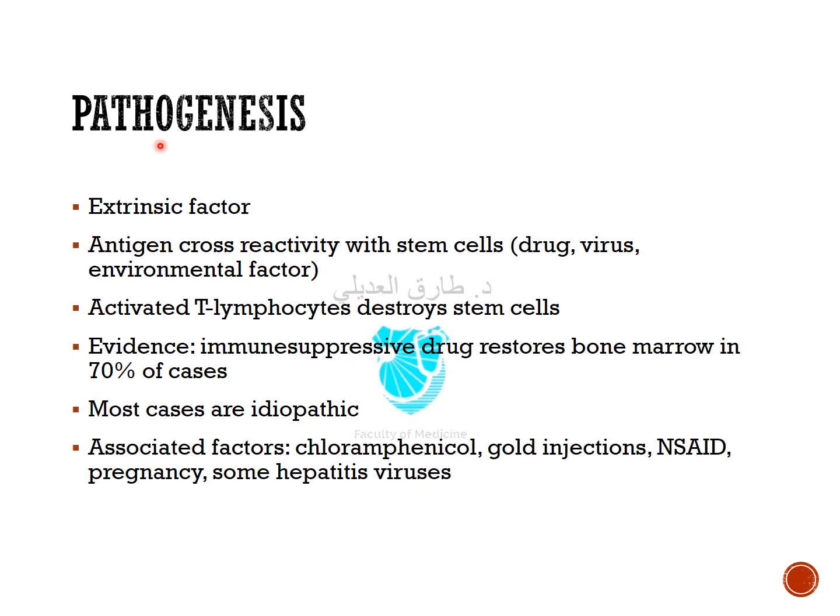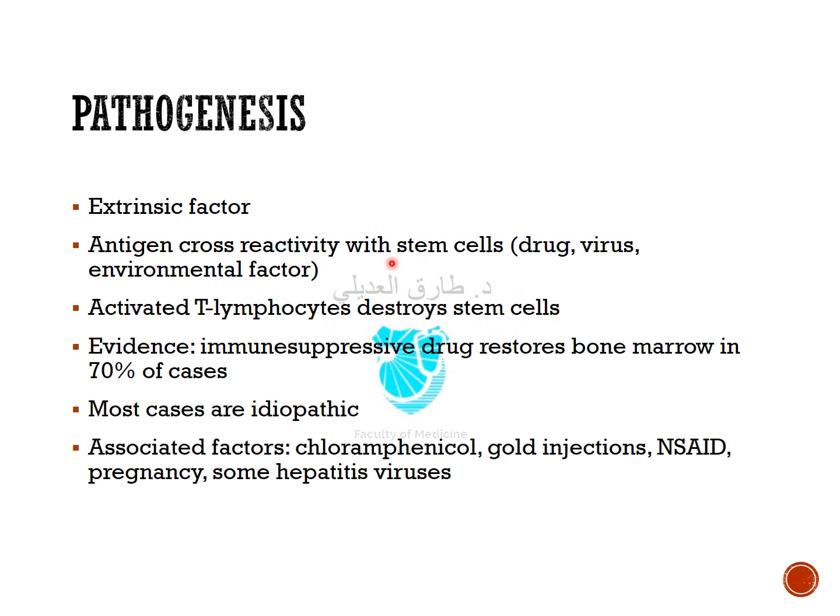The pathogenesis of aplastic anemia has an extrinsic and an intrinsic factor. The extrinsic factor, which is more obvious, hypothesizes that an antigen cross-reacts with the stem cells. So an activated T lymphocyte will destroy the stem cell because of that antigen.